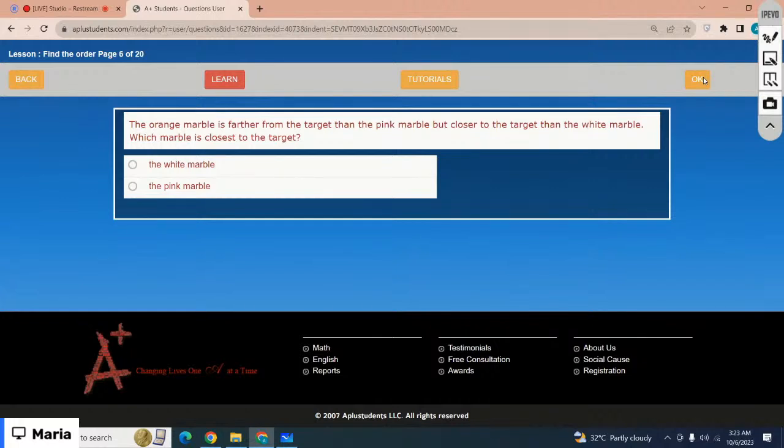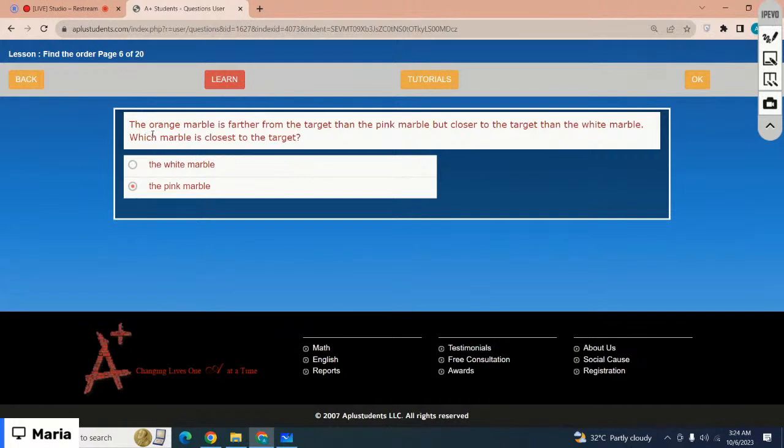White marble or pink marble? Which option is the correct one? The correct option is the pink marble.